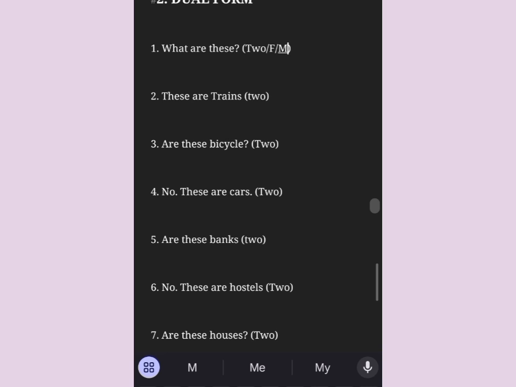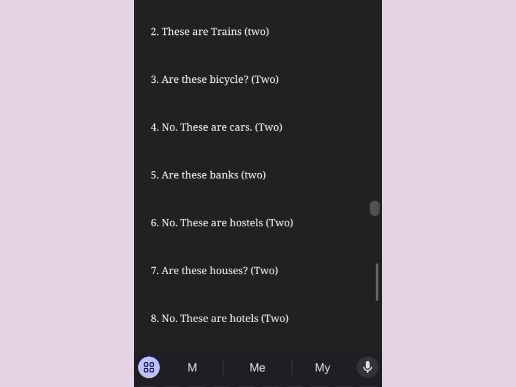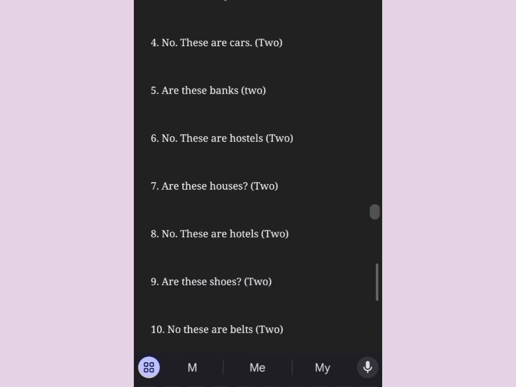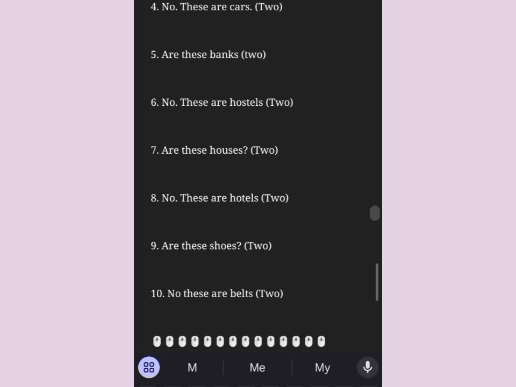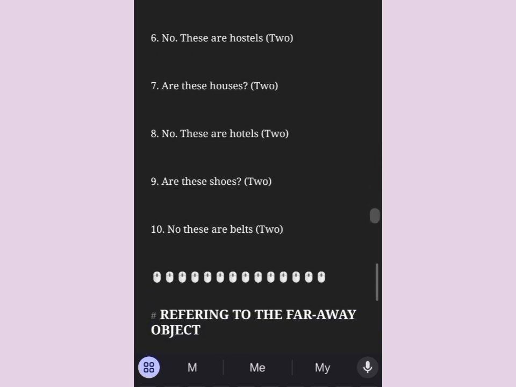Are these banks? No, these are hostels. Are these houses? No, these are hotels. Are these shoes? No, these are belts. All are two. So you try to translate them and you submit your answer in the comment section for marking.